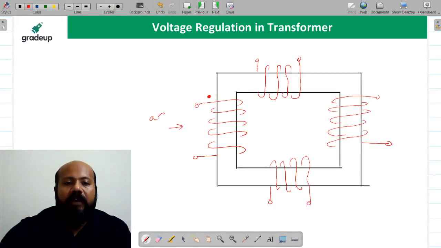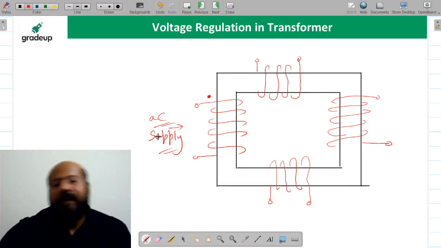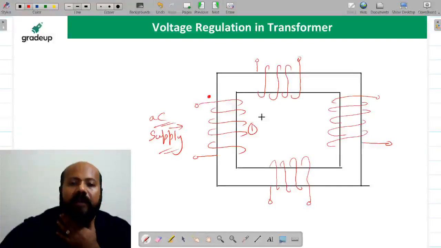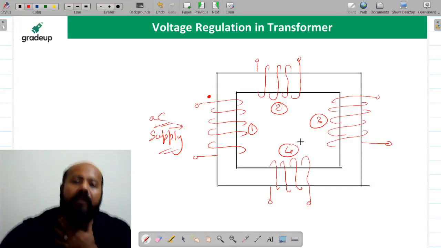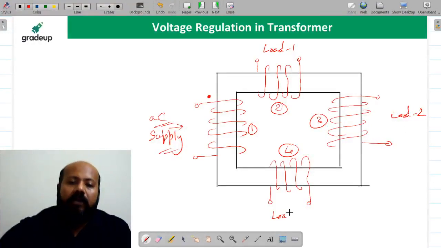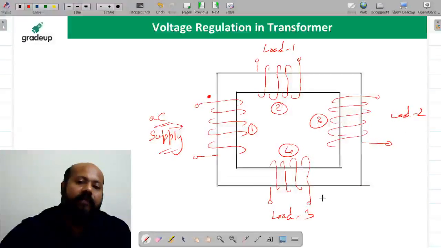You are providing the AC supply here on this winding. This is winding number 1, this is winding number 2, this is winding number 3, this is winding number 4, and all these 2, 3 and 4 loads are connected. Suppose load 1 is connected here, load 2 is connected here, and load 3 is connected here.